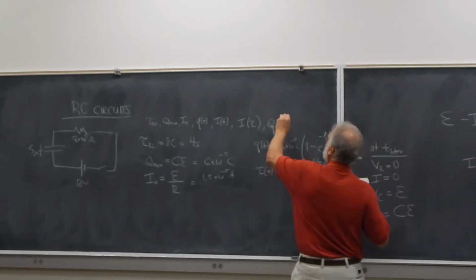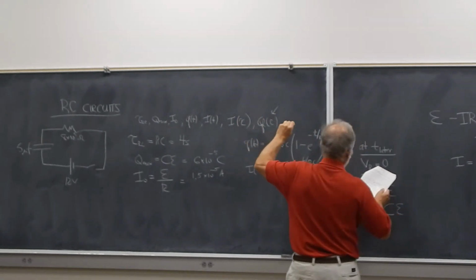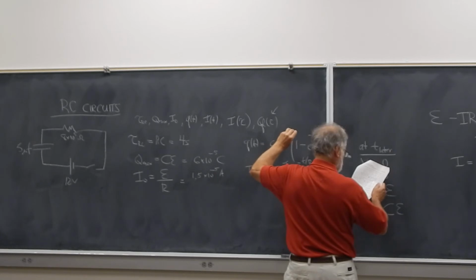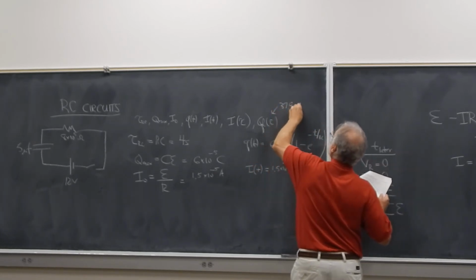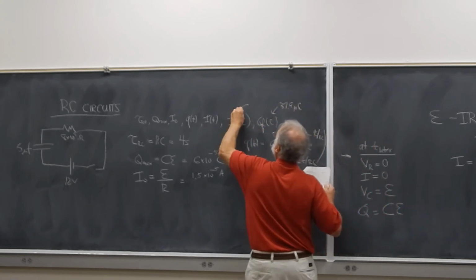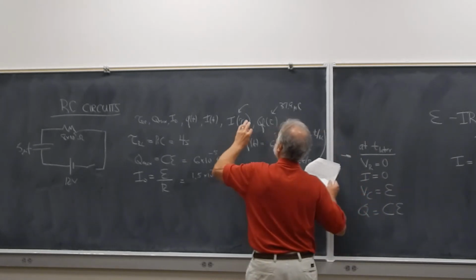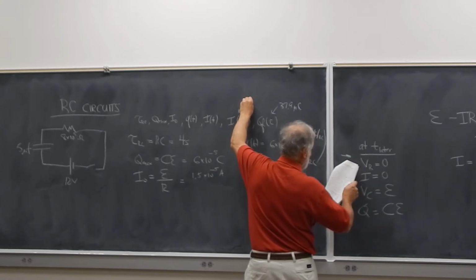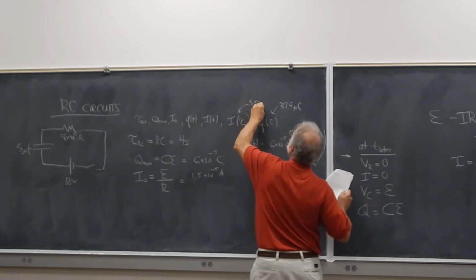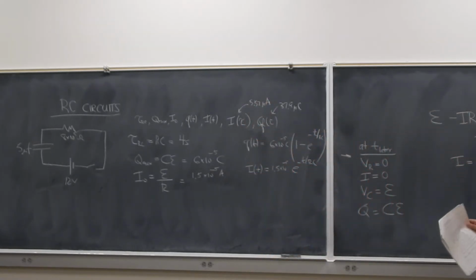And at t equal to tau, if I put my value for tau in there, I will get a charge of 37.9 microcoulombs. And if I want to find the value for current at t equal tau, that will give me a current of 5.52 microamps. So these are real simple problems that you can do using an RC circuit.